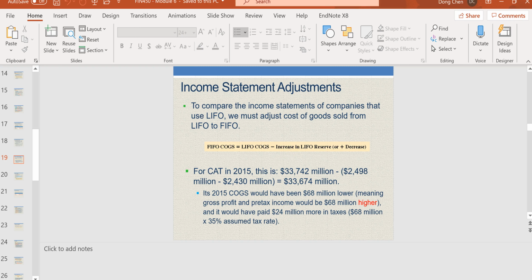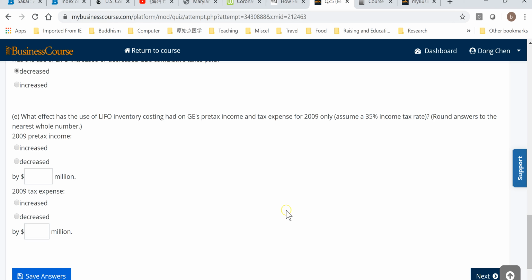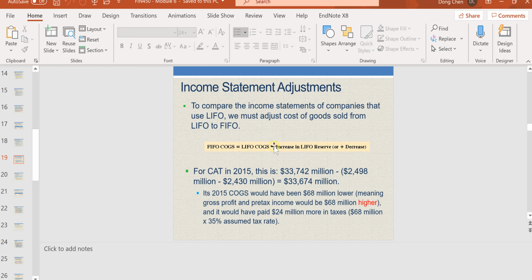But then again, if the cost of goods sold under LIFO is higher, that means the pre-tax income is lower. So we just need to reverse the sign on that. So now the increase in LIFO reserve is a negative number. And so that means under LIFO, the cost of goods sold will be lower than under FIFO.